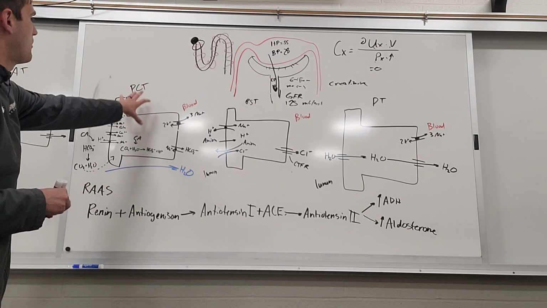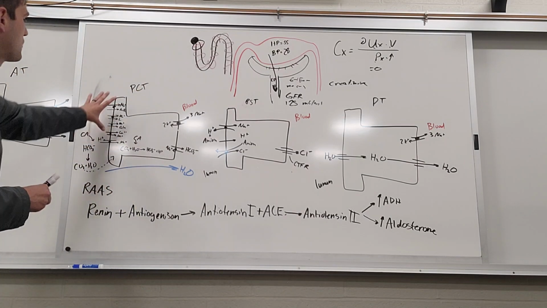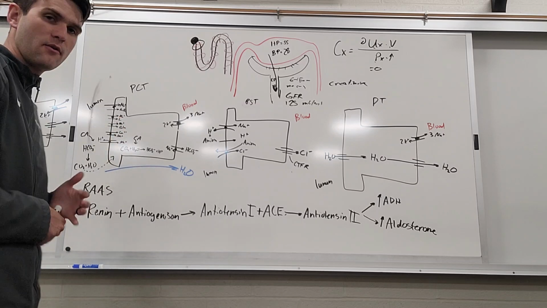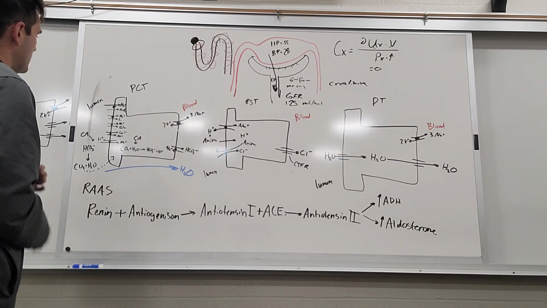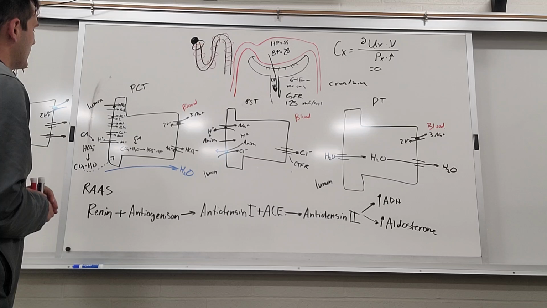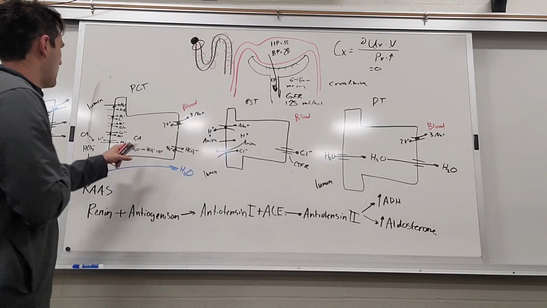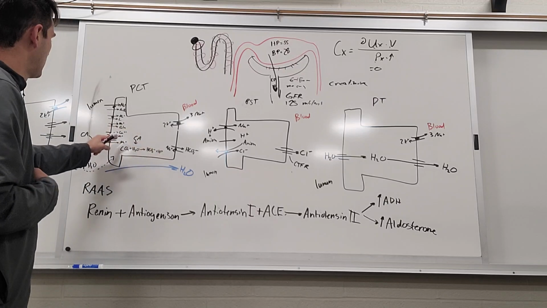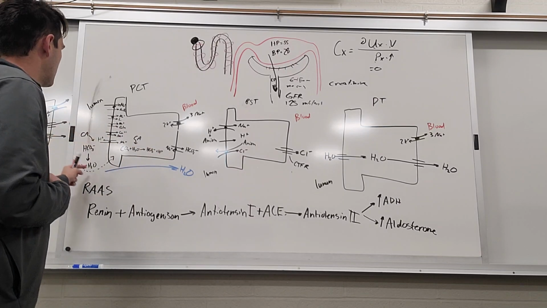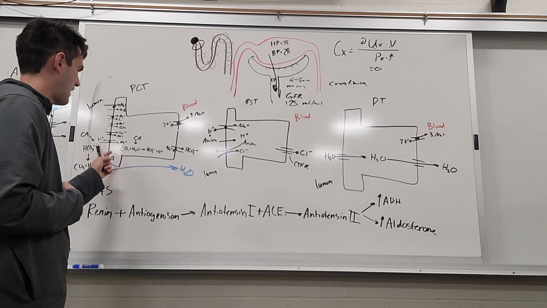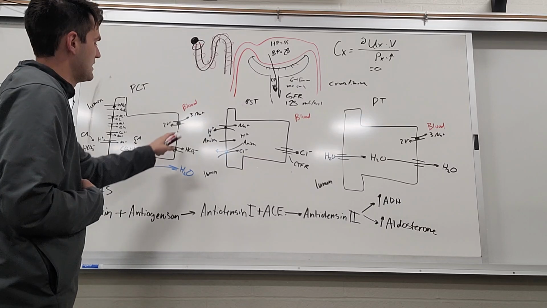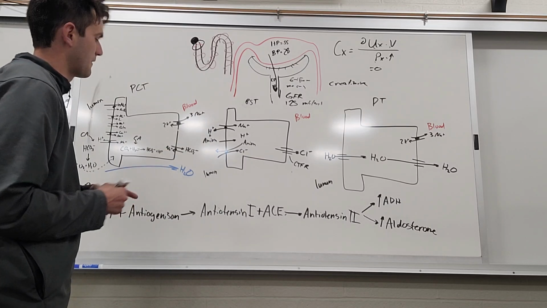So that's about it for the proximal convoluted tubule: reabsorbing a lot of ions, a lot of sodium, lactate, calcium, things you want to get back into the blood. We're also going to secrete some stuff, but only so we can reabsorb certain things or have things diffuse to be able to reabsorb bicarb right there, okay?